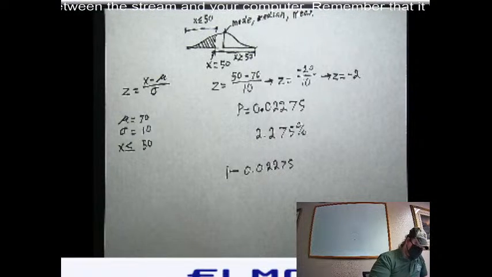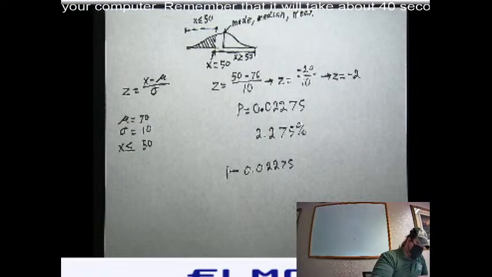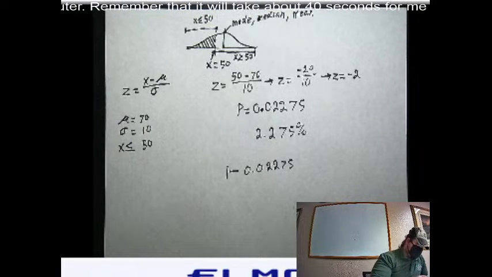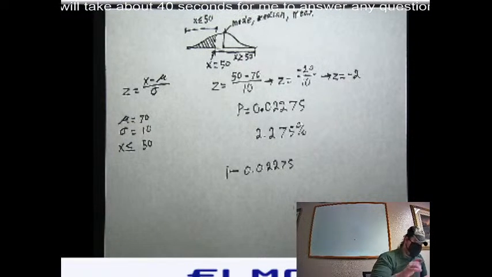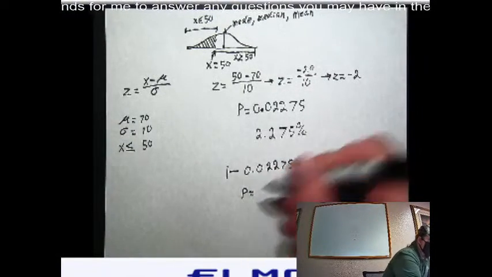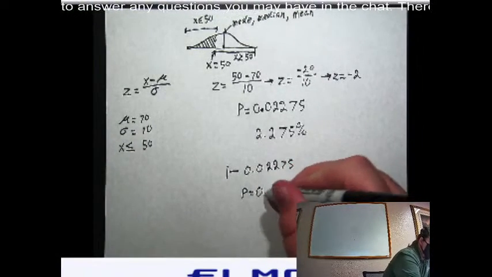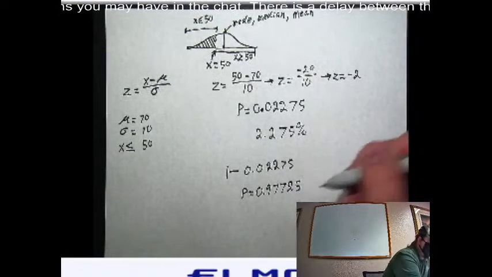So 1 minus 0.02275, we get a probability of 0.97725.